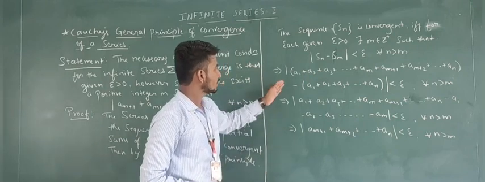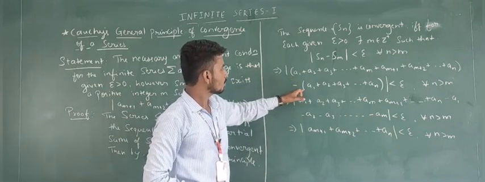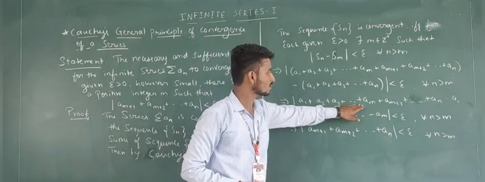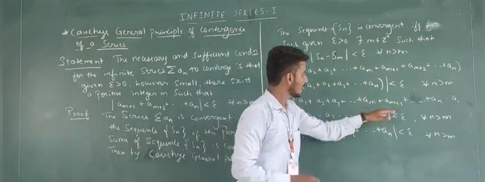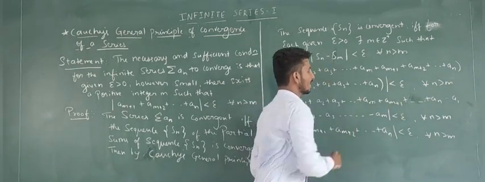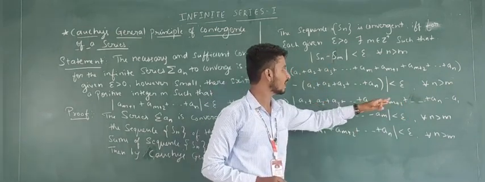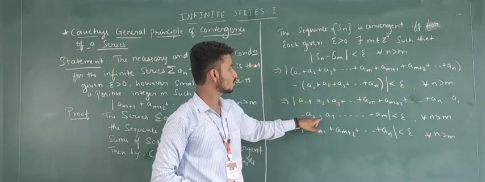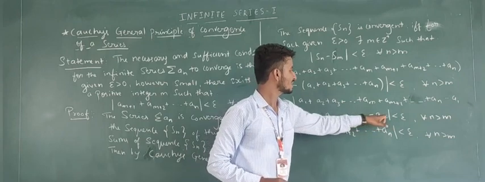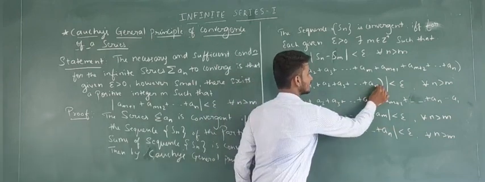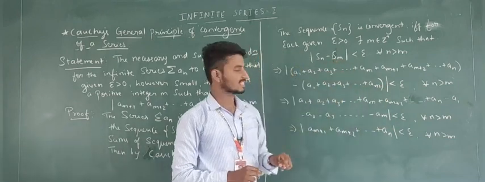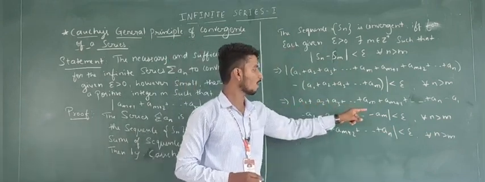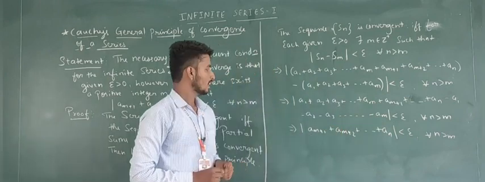In the modulus, we remove the brackets and write the terms out, and subtract a1, a2, a3 up to am, since it is the Sm term.